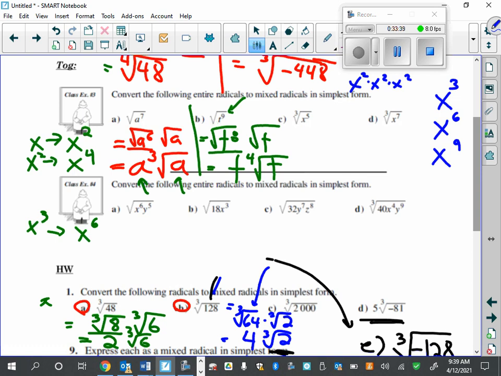So now we're looking at whatever exponent is closest to 3, 6, 9, multiples of 3, times another number equals x to the 5th. So this is a cubic root times a cubic root. I can't go to x to the 6th because I only have 5 x's. So I'm going to go with x cubed, because it's a perfect cube, times x squared.